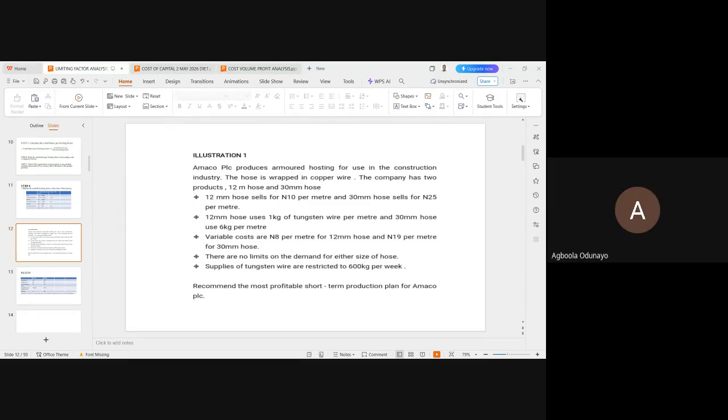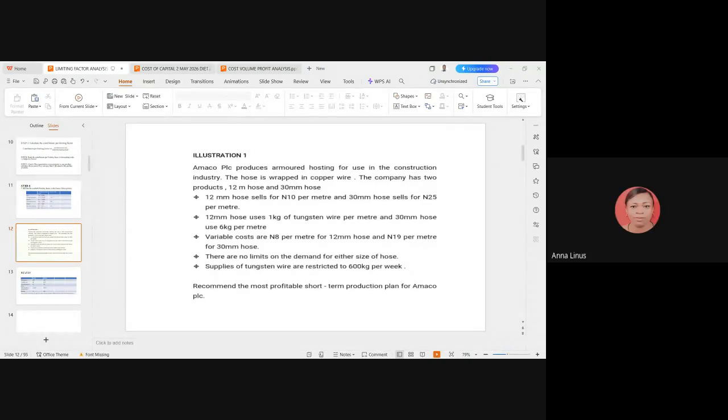Fine. Now you have two products, right? Yes, sir. One is 12 mm hose and the other is 30 mm hose. Now, for you to get the contribution per unit or per meter for 12 mm hose, what will you do?